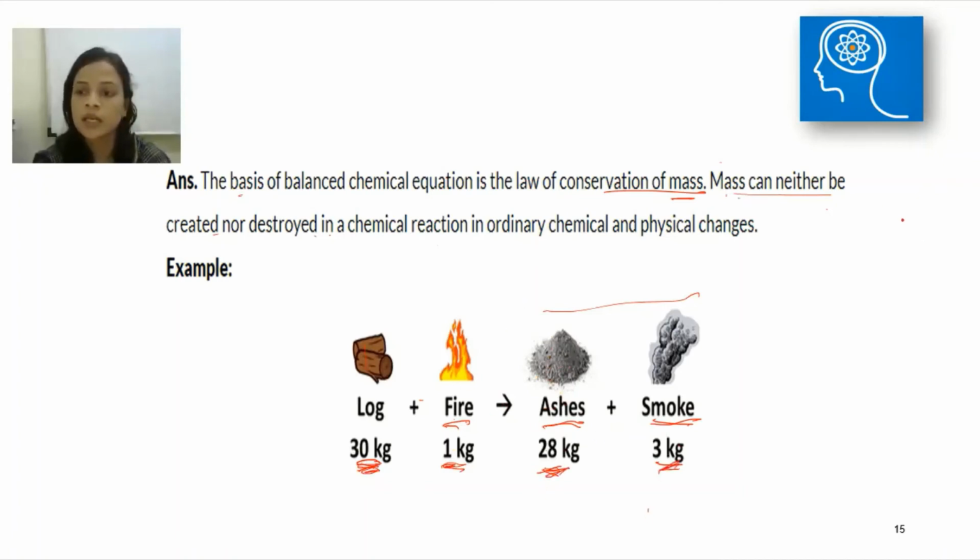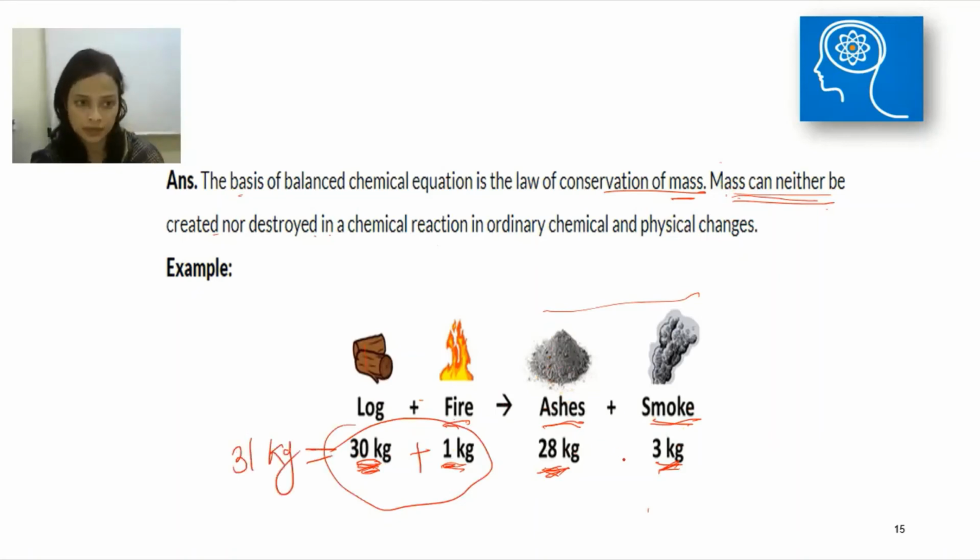Here, as said, the mass can neither be created nor be destroyed. The total mass is 30 plus 1 kg, equal to 31 kg, on the reactant side, the left side of the chemical reaction. Now, what about the product side?